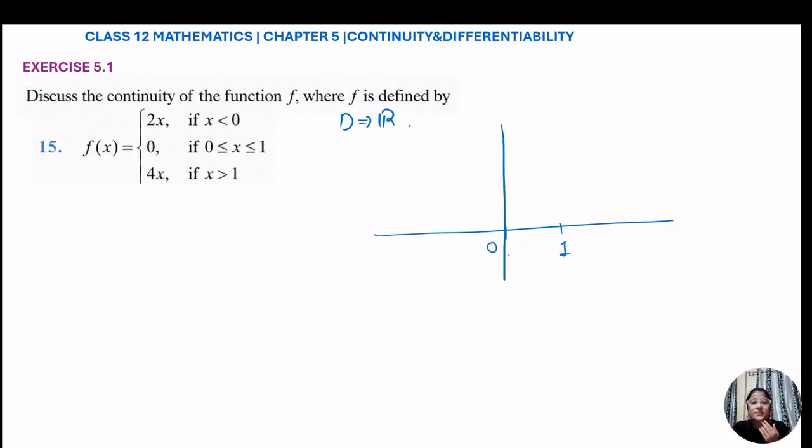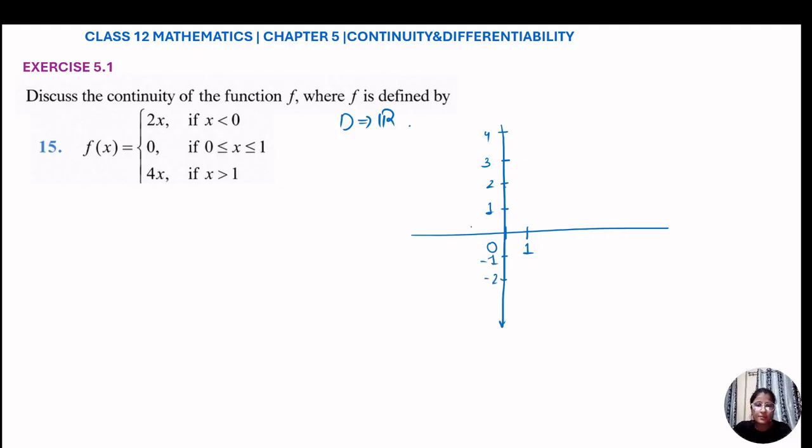I know this will be unequal, so let me make it properly, with equal spacing. So this is 0, 1. Let's say this is 1, 2, 3, 4, and this is -1, -2.